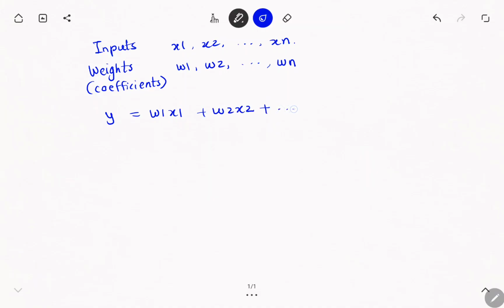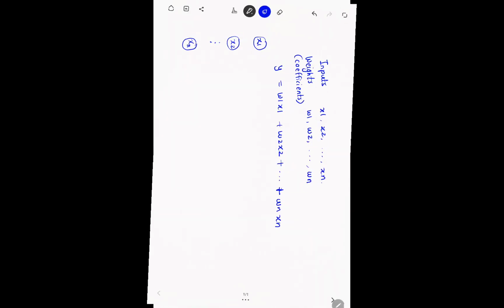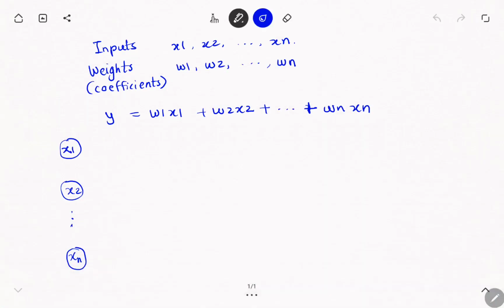x2 plus so on up to wn xn, and pictorially we can represent it like this. This is x1, this is x2 and so on up to xn, so we have this input layer. Basically we want to multiply x1 with w1.